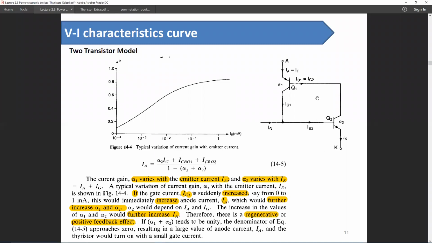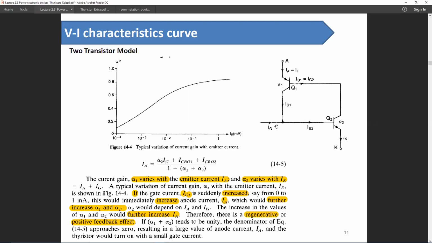So this latching condition is governed by this IC1. Even if we detach Ig, the IC1 is sufficient to drive the on state of these transistors.